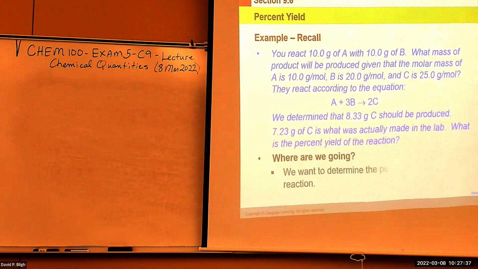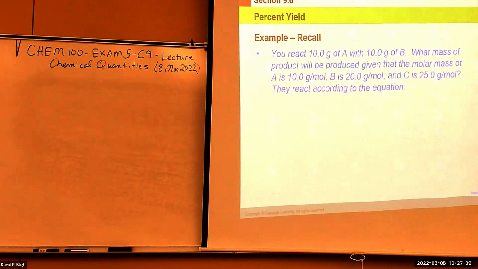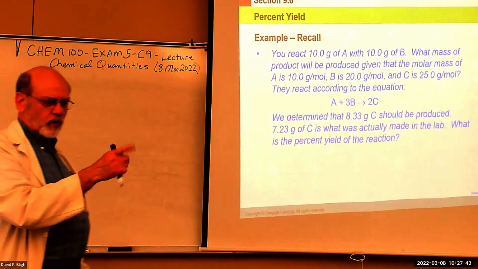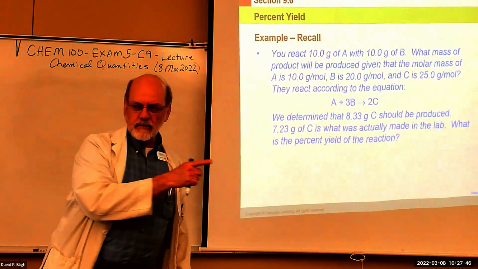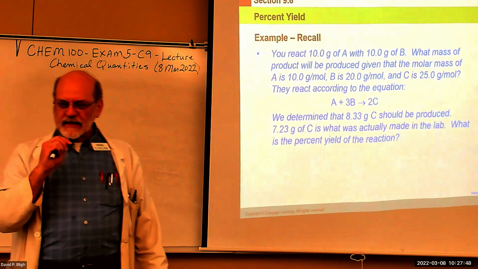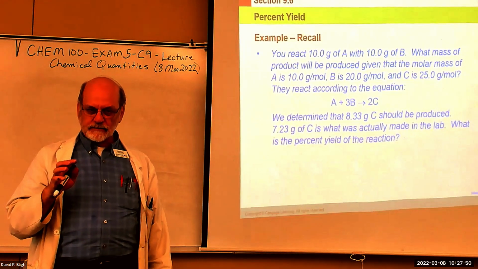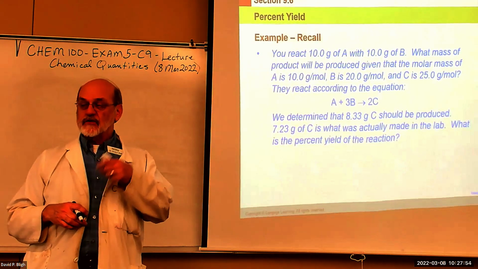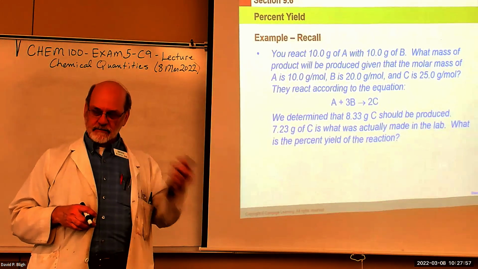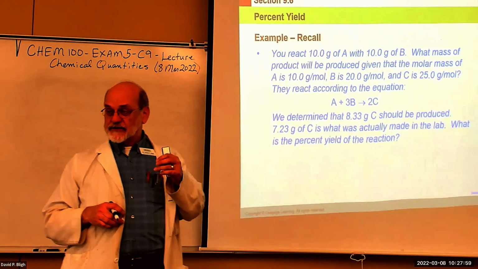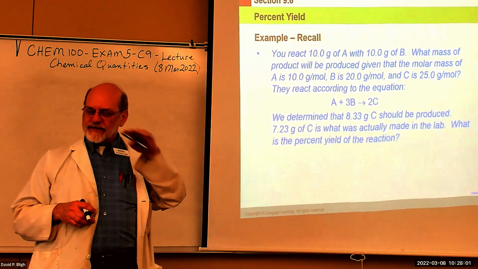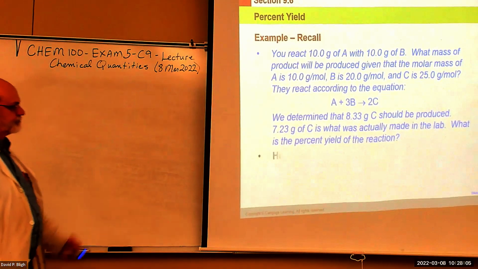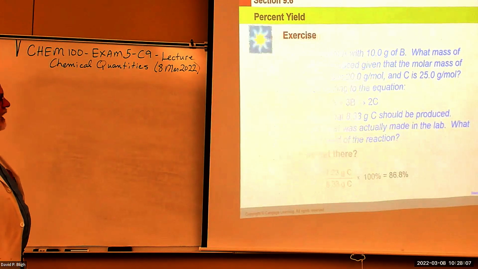Now, I do remember one problem in the review document that is percent yield based upon moles. That's valid as long as you know where it came from. So you're going to have to use moles for that one instead of mass. But it's still actual divided by theoretical times 100 is percent yield.